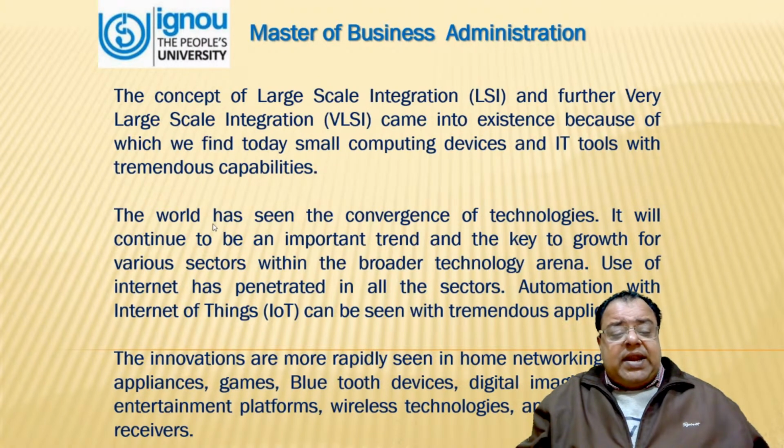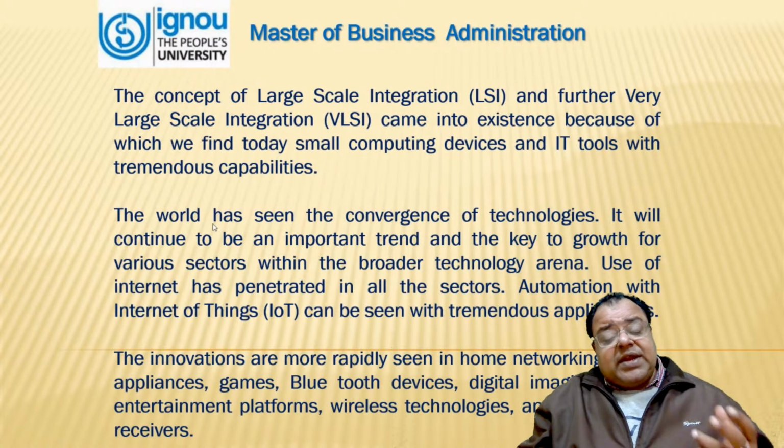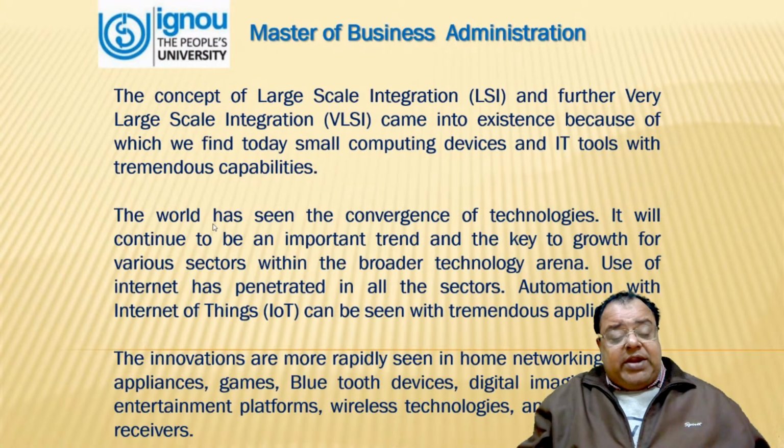Automation with the Internet of Things, that is IoT, can be seen with tremendous applications. Innovations are more rapidly seen in home networking, home appliances, games, Bluetooth devices, digital imaging, digital entertainment platforms, wireless technology, and digital radio receivers.